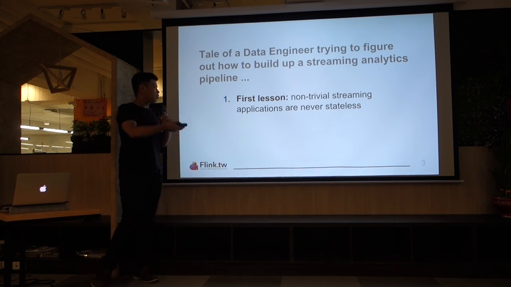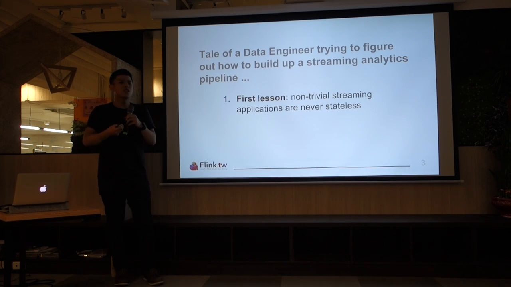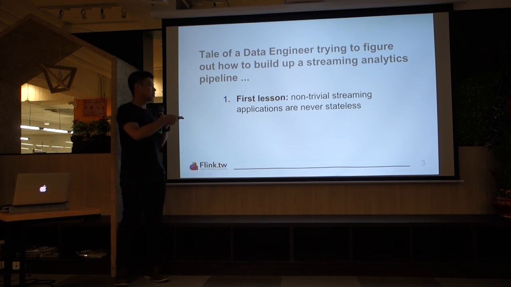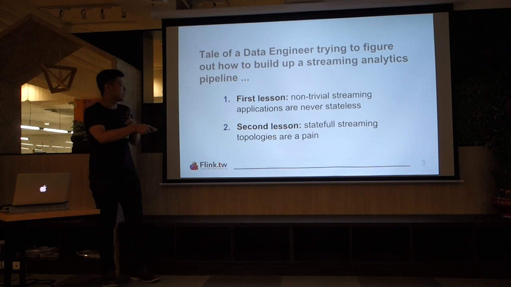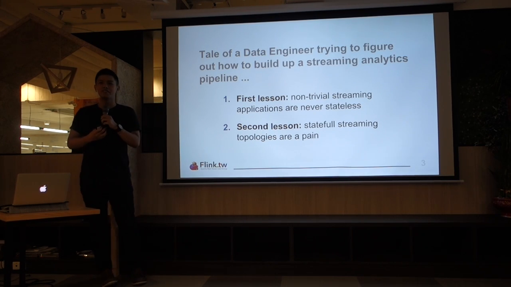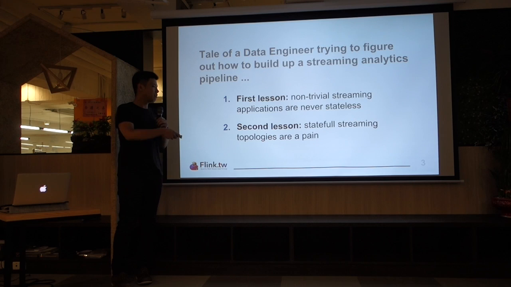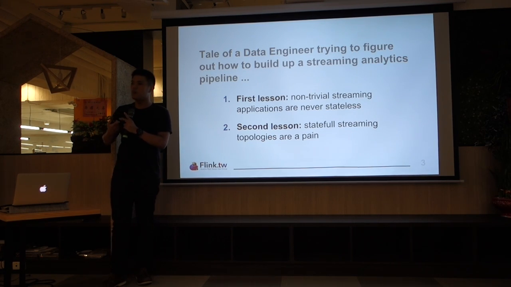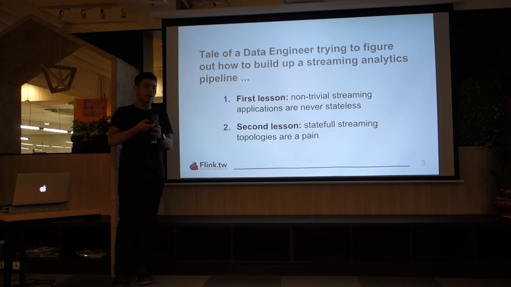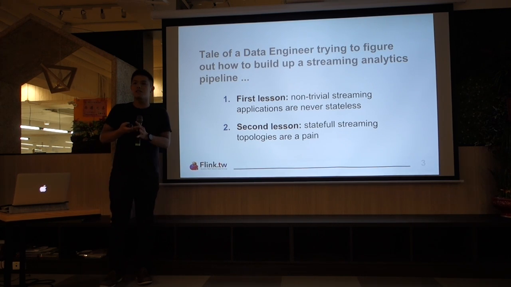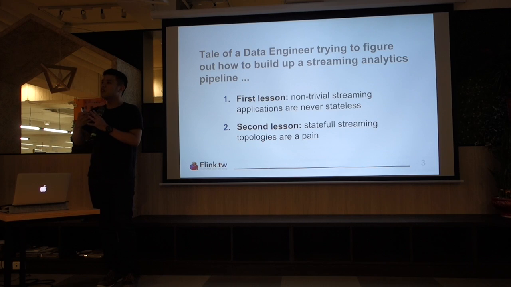If our streaming application is trying to draw some insight, there's no way that it's stateless. The second lesson is that stateful streaming topologies are always a pain. Without the right tools, this is very hard to deal with because we have to deal with exactly once updates. We have to figure out, okay, if we're using a stateless system, how are we supposed to maintain our state and make our state reliable?